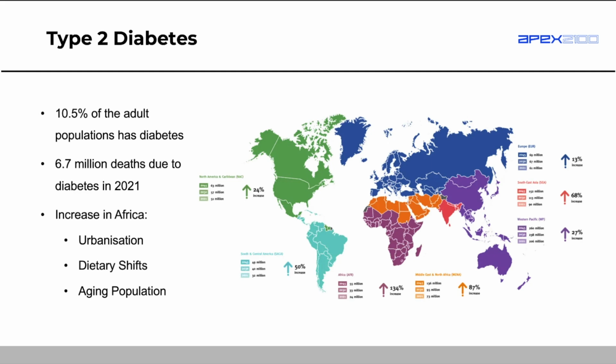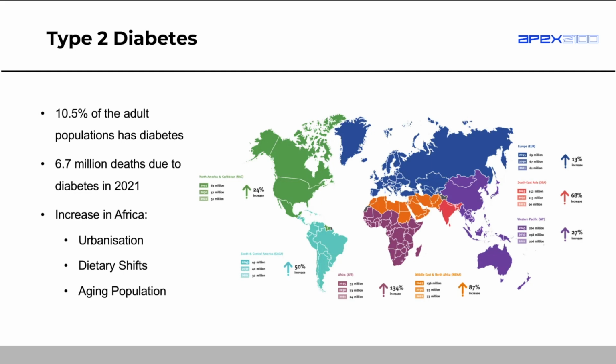There's dietary shifts occurring, so they're transitioning to diets that are higher in sugars and unhealthy fats and refined carbohydrates, which again increases the prevalence of obesity, which increases the risk of insulin resistance, which increases the risk of diabetes. So you can see how they're all sort of interrelated.